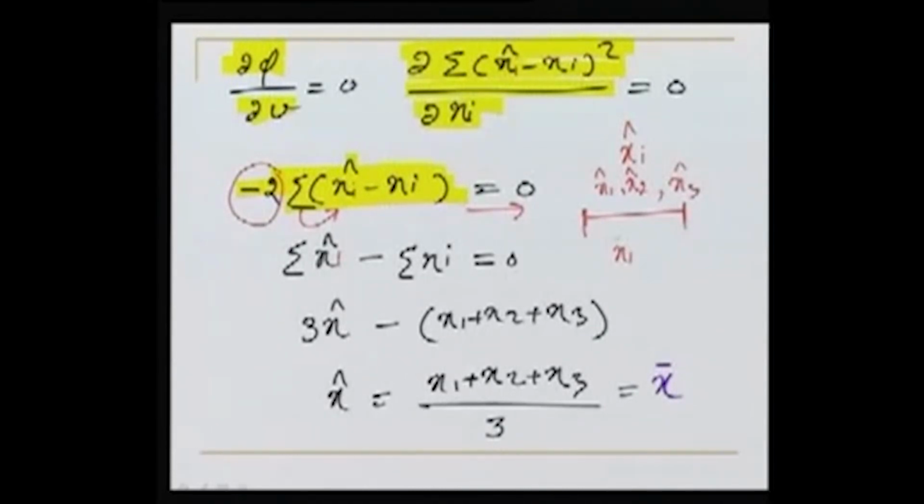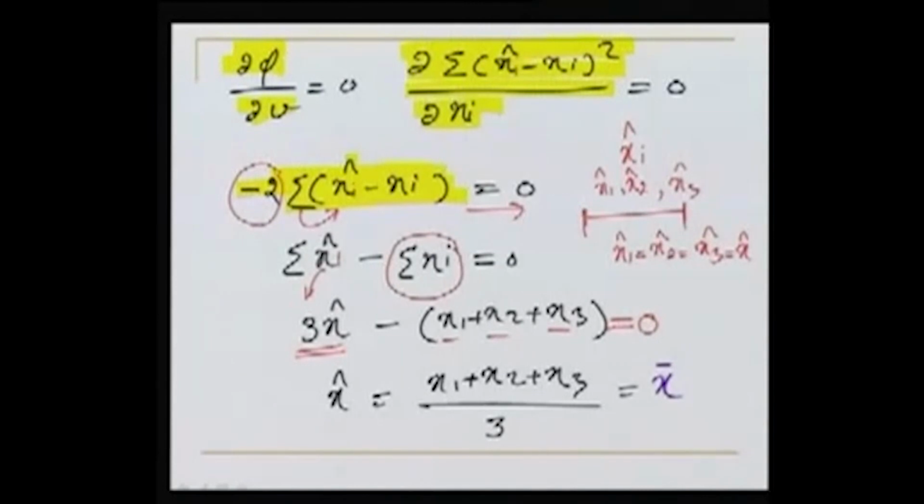So x1 hat should be equal to x2 hat should be equal to x3 hat, and this we are now writing as x hat. So if you are doing it for only 3 observations, I can write it as 3 times x hat, minus, look at this, sigma xi is the sum of all the observations, so x1 plus x2 plus x3, and that's equal to 0.